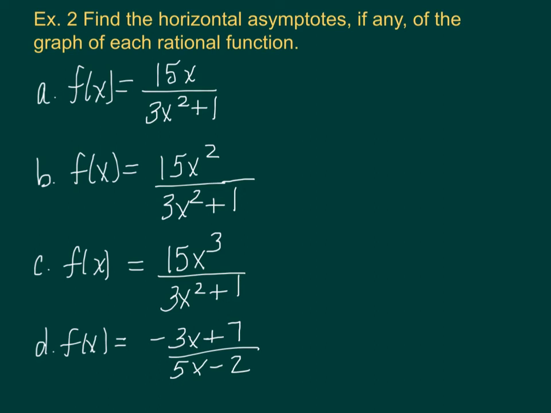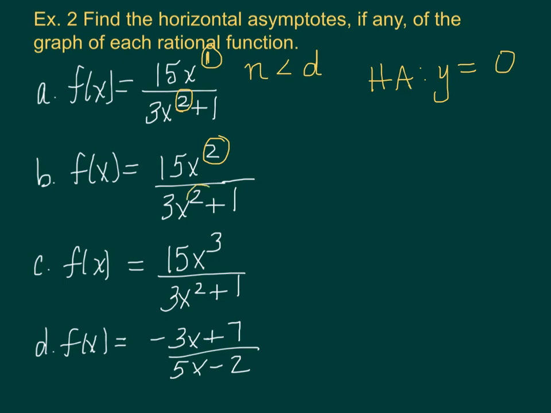Okay, A. Remember we look at the degrees. The degree is the highest exponent. The degree in the top is 1, and the degree in the bottom is 2. So since the degree in the numerator is smaller than the degree in the denominator, your horizontal asymptote is y equals 0. I hope you're getting it. Example B. My degree in the top is 2.